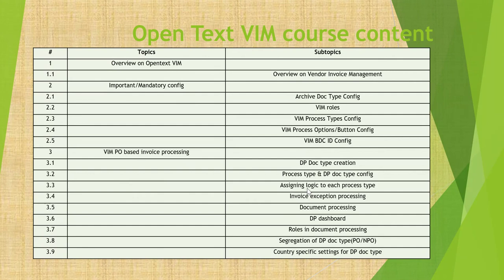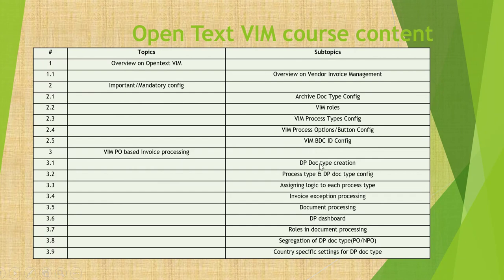Similarly, in OpenText VIM, this is the mandatory configuration: archive document config, VIM roles, VIM process type configuration, VIM process options and button configuration, VIM BDC ID configuration. This is mandatory. And VIM PO-based invoice processing, these are the steps involved.